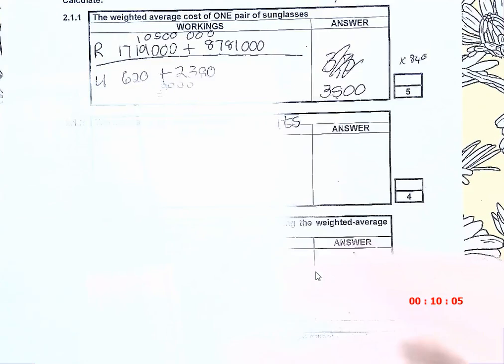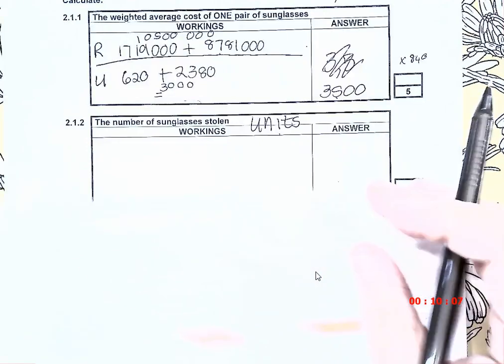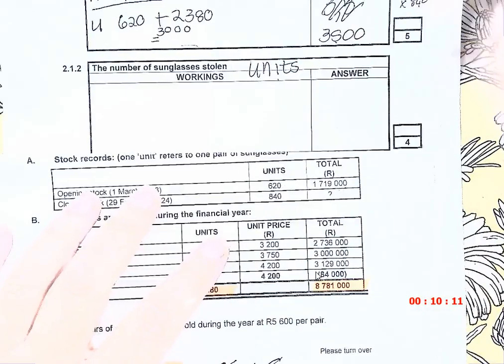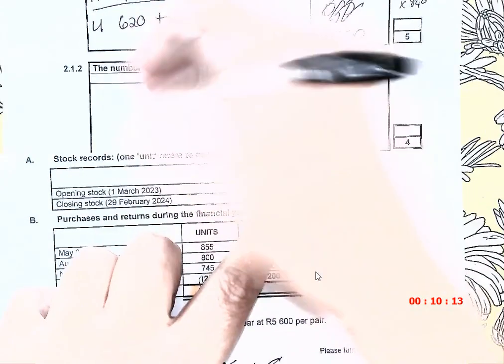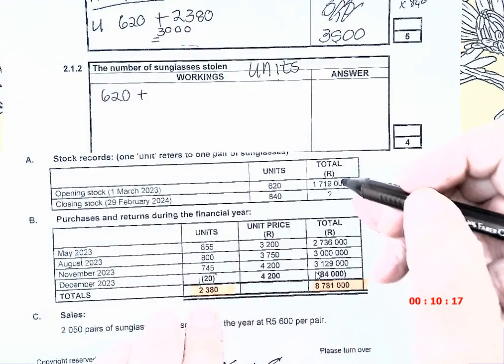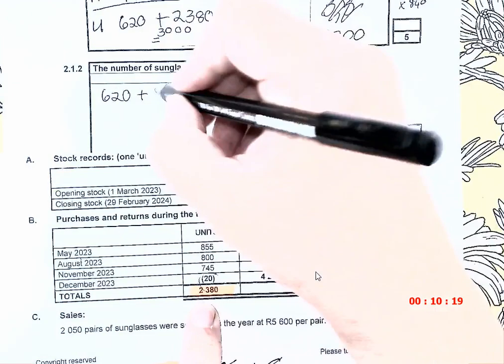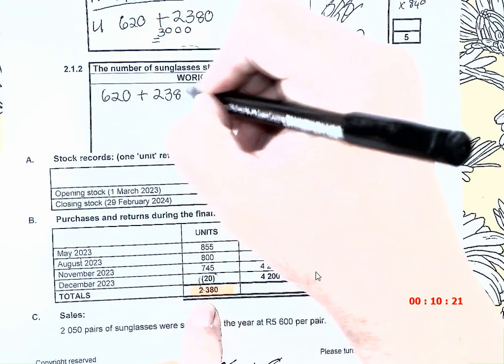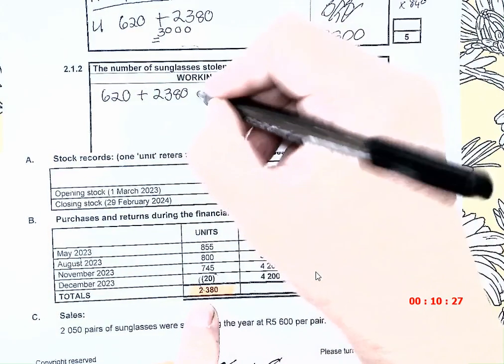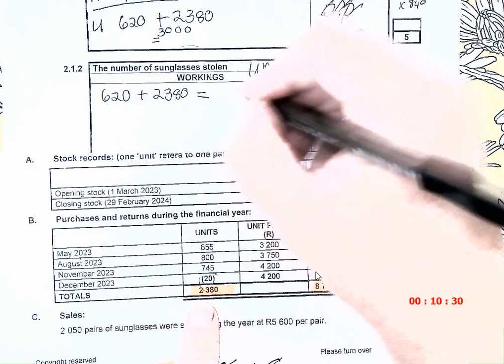Okay, so you're going to start. So I'm going to start. I had 620. I purchased 2380. Can you see if there was returns, I would have subtracted it separately if it wasn't given to me like this. So how many units do I have available?